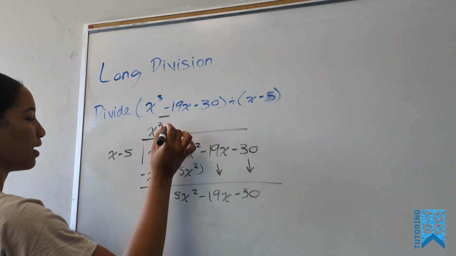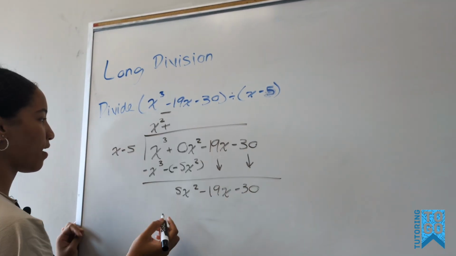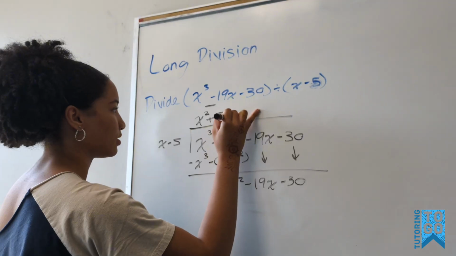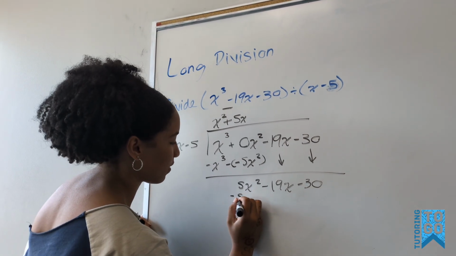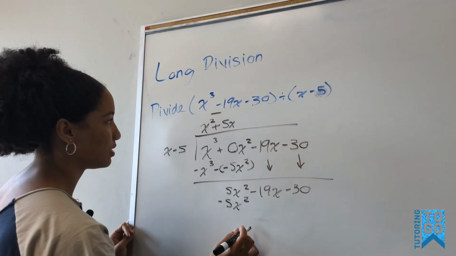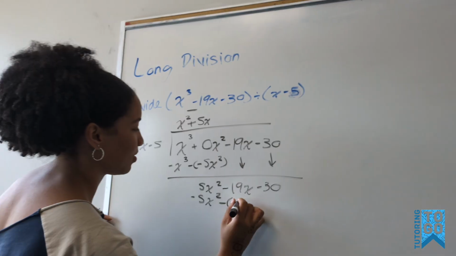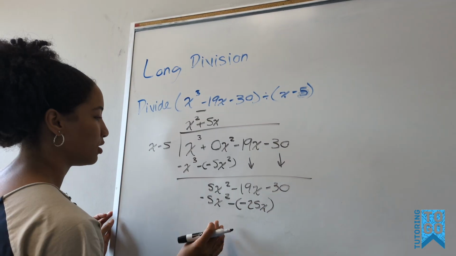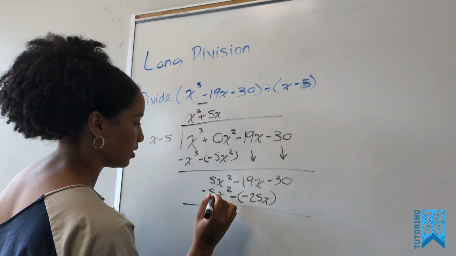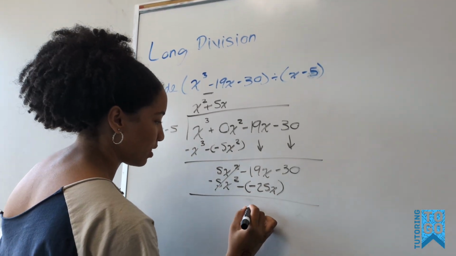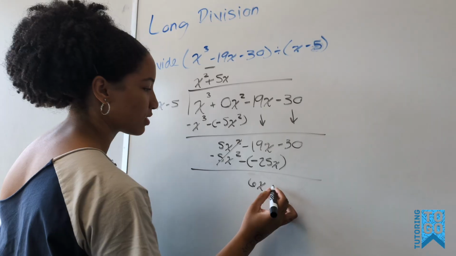So now we're going to multiply by 5x. So 5x, and then this is minus 5x squared, and this is minus negative 25x, and then you just solve that out. So this cancels out, and then you're left with positive 6x minus 30.